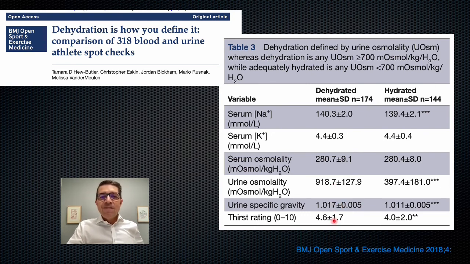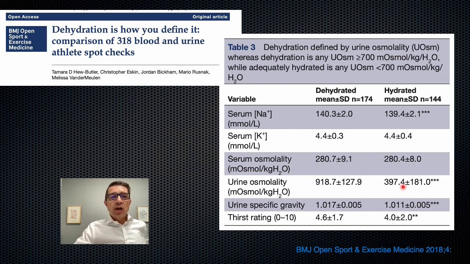And what they found, which is very interesting, is that there were not many significant differences in serum osmolality. Small difference, yes, it is significant, but probably not that clinically significant when the difference is not even 1 millimole per liter. Large difference in the urine samples, as they classified the subjects like that. So 900 something versus about 400, the dehydrated versus the hydrated subjects.